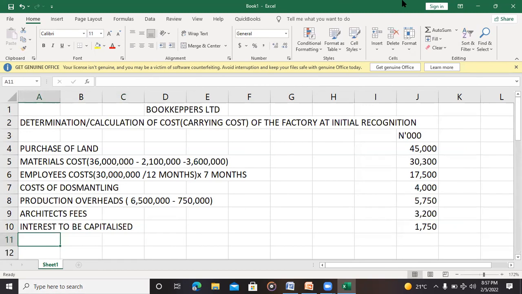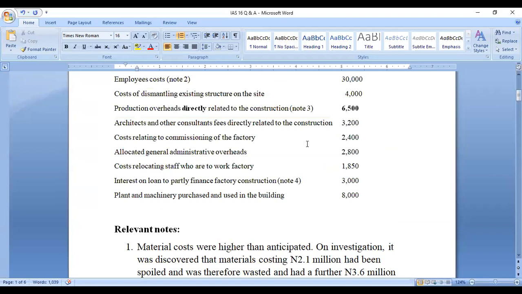Okay. So back to, we have a last entry on our question. Plants and machinery purchased and used in the building. So should it be included? Should it be capitalized or expensed?